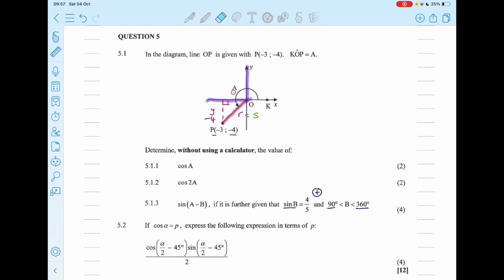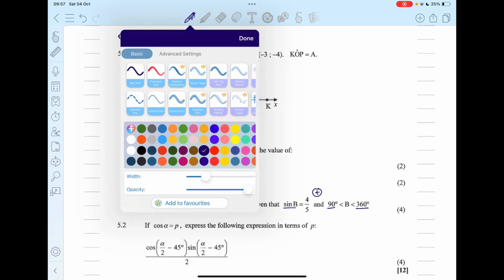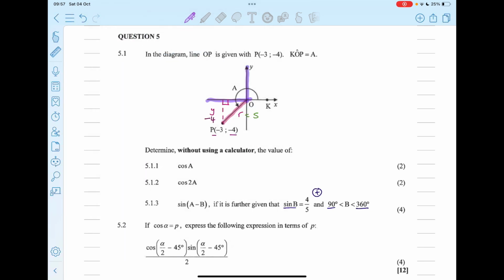Let me erase this and then I can do a little sketch for where we can expect B to be. B is going to be somewhere there like that. This is now angle B. Sine B is opposite over hypotenuse, so sine B is y over r.